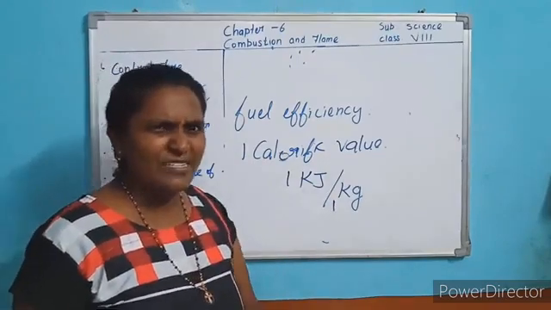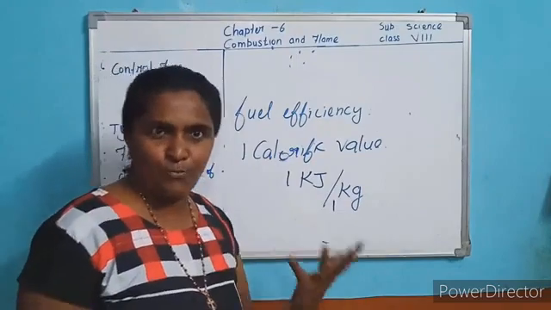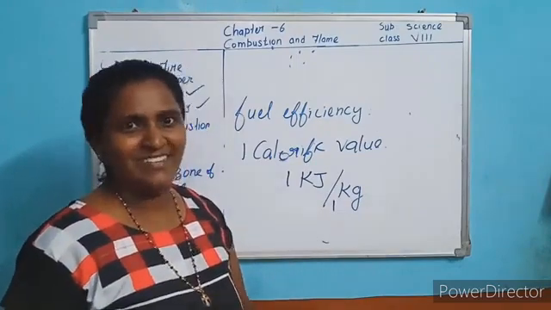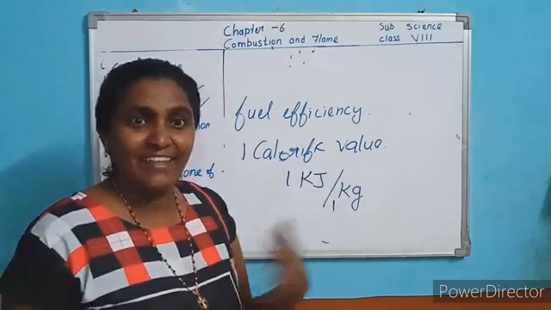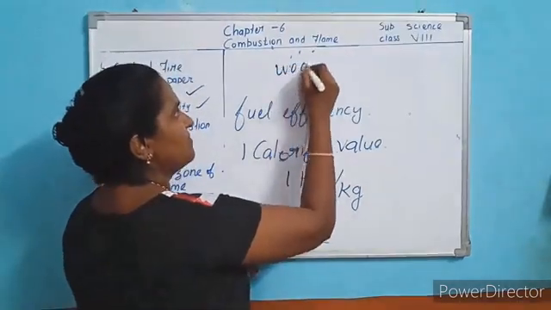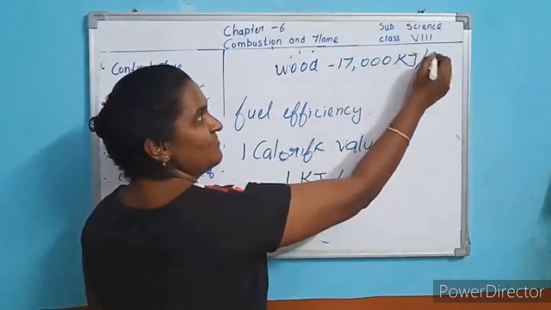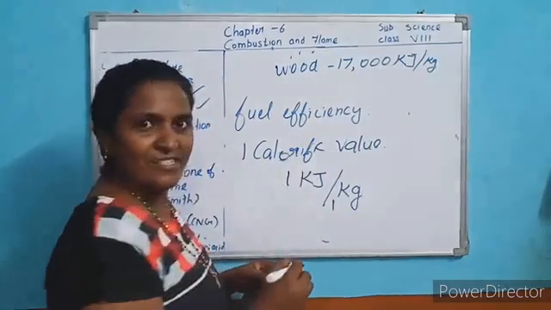Now imagine, which has the higher calorific value, LPG or wood? LPG gives more heat energy than wood. The calorific value of wood is 17,000 kilojoule per kg. Understood?